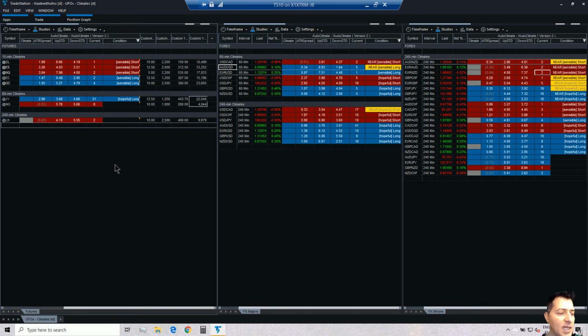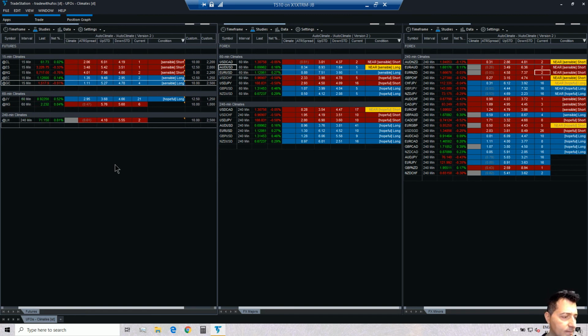Therefore, the less liquid they are, or the slower they move, the more I want to use them in a higher time frame. The faster the move and the more liquid they are, the more I want to use them in a lower time frame and be more active. So that's what I do. That's what I have here.